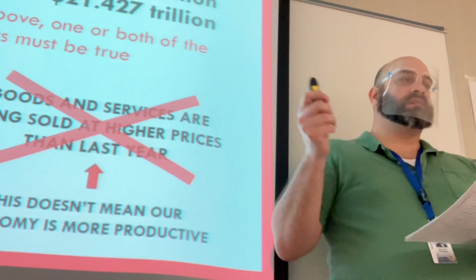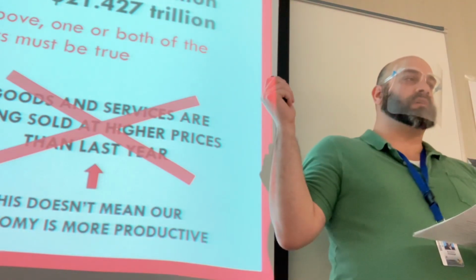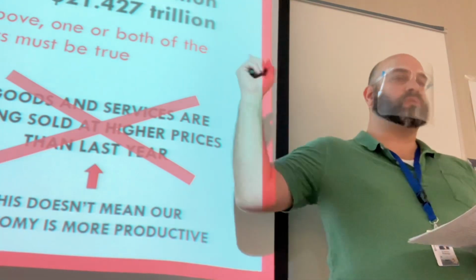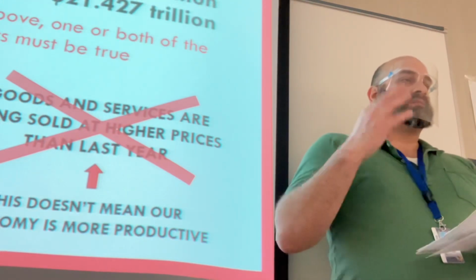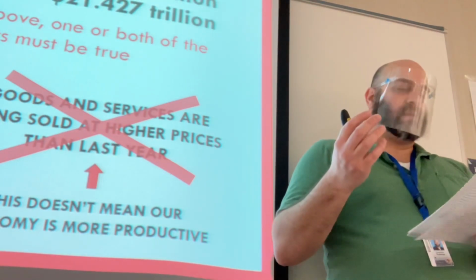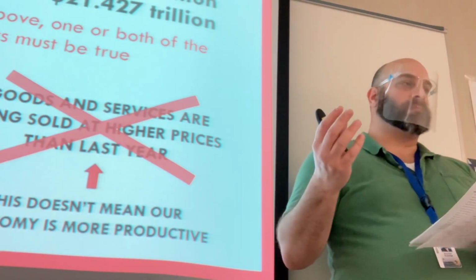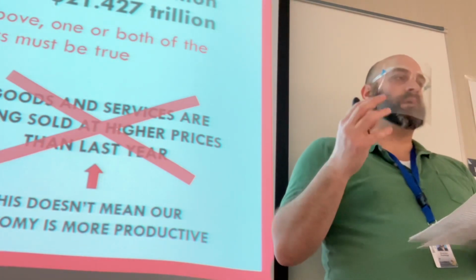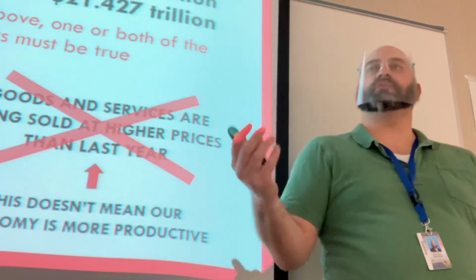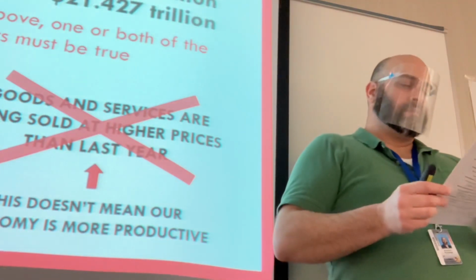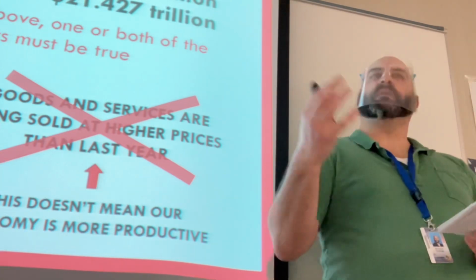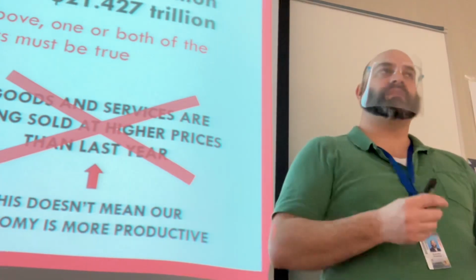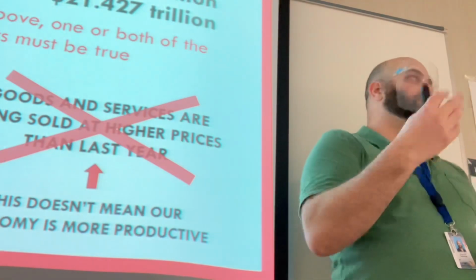So in 2018 there was the 20 trillion versus 2019, which is the 21 trillion. So it doesn't necessarily mean that everything was sold at higher prices, but we might be just producing more goods and services. So our economy was more productive, is kind of what it's saying, not that everything was being sold at higher prices.